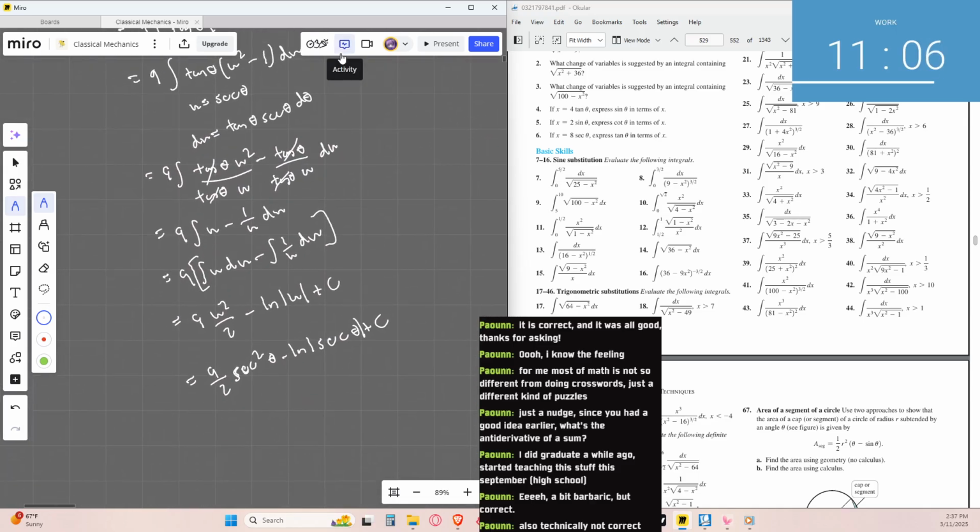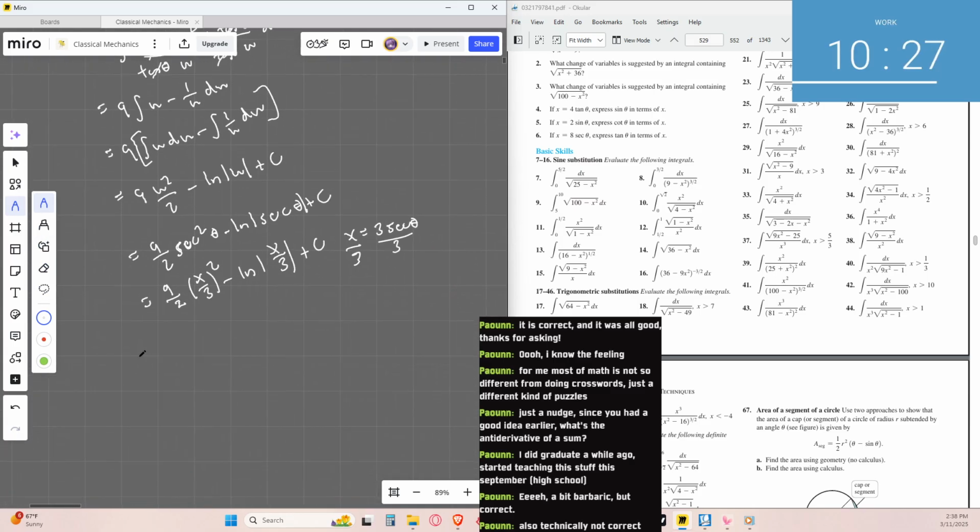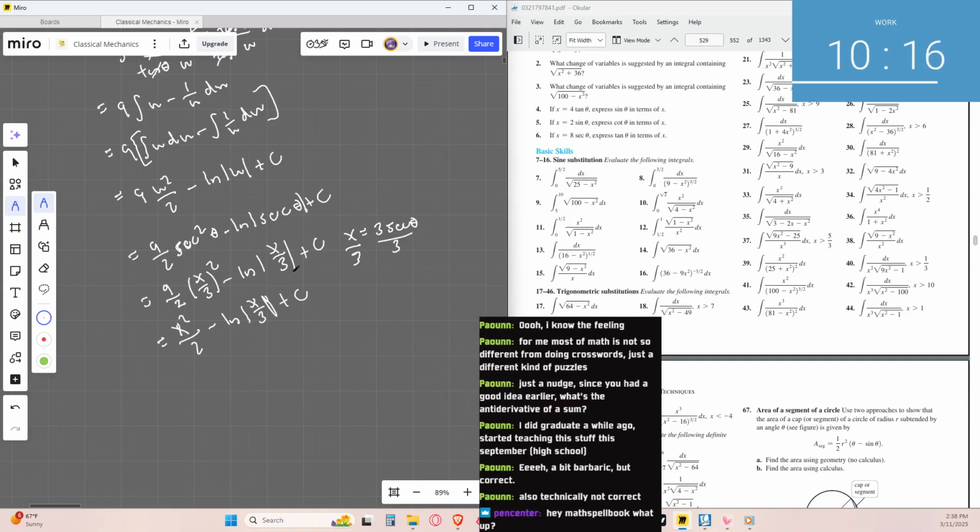So if x is 3 secant, meaning that if we change this, then we're left with... so this crosses out, leaving that, then... and I think that's it.